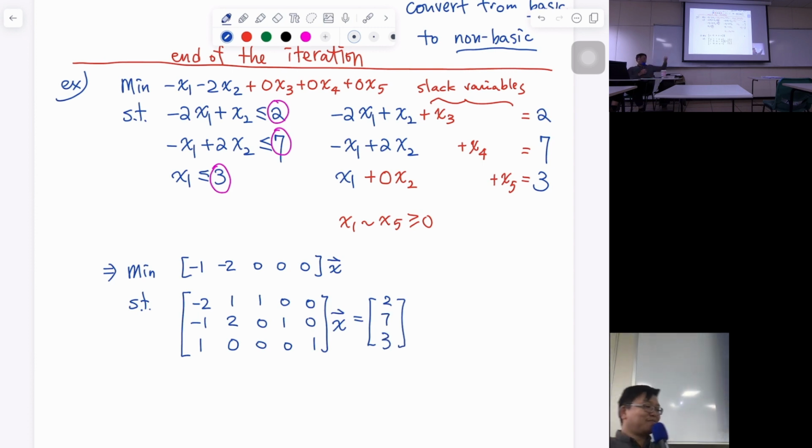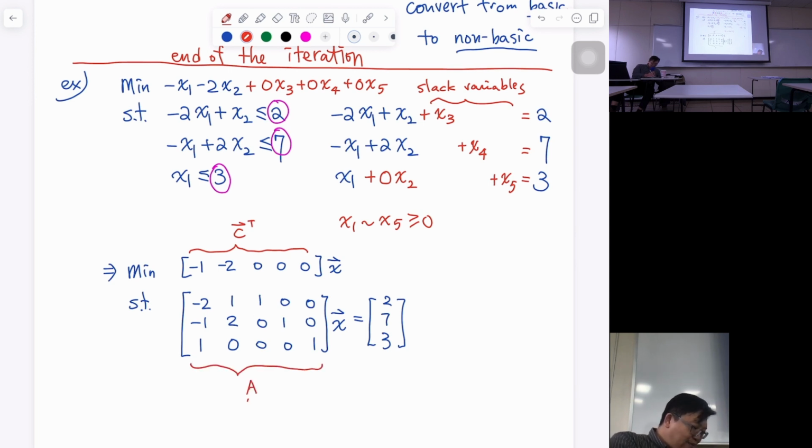We're actually solving this. So this is going to be your C transpose. This is going to be your A matrix. And this is your B vector. Okay?